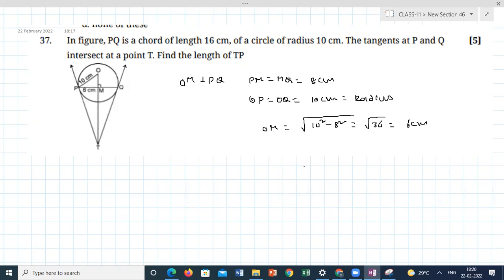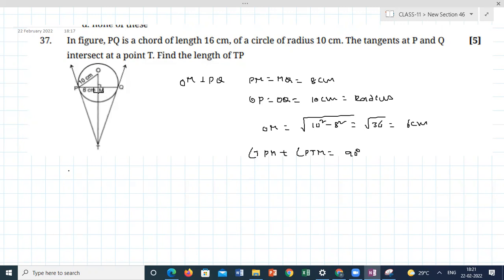Angle TPM plus angle PTM is 90 degrees. Why this is 90 degrees is, this is 90, this is 90. So if I'm taking a triangle TPM, it's a right angle triangle with angles TPM and PTM.